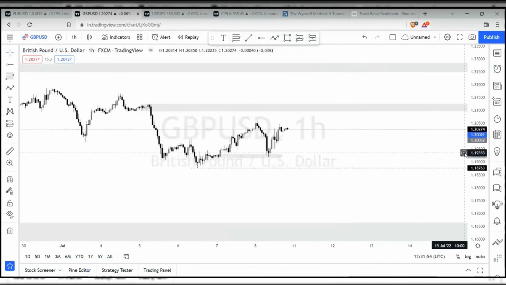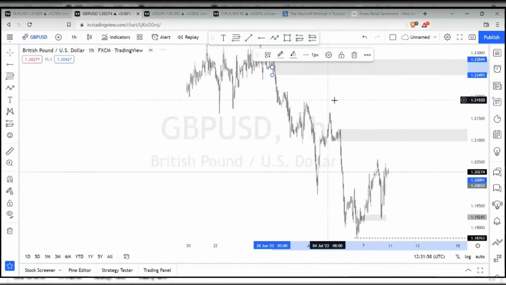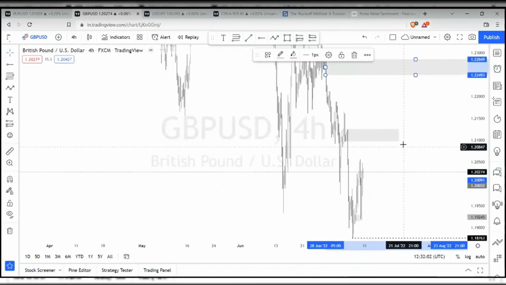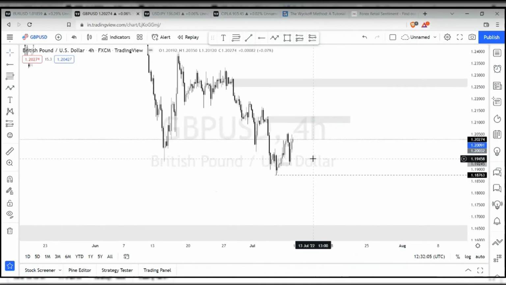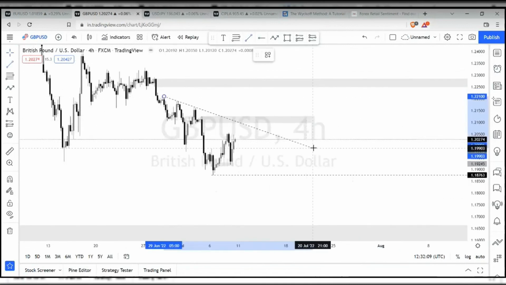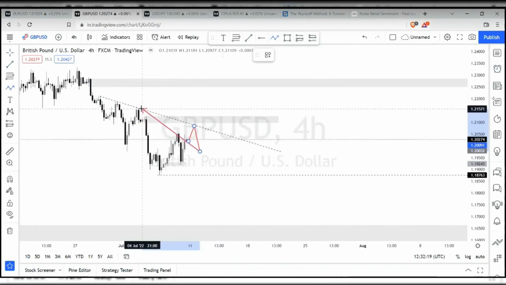For argument's sake, let's just include this one as well. Why? Because this could be a liquidity that is happening. We could see price come here and then reverse. Why? Because people are selling on the trend line here, and again people will be selling here.